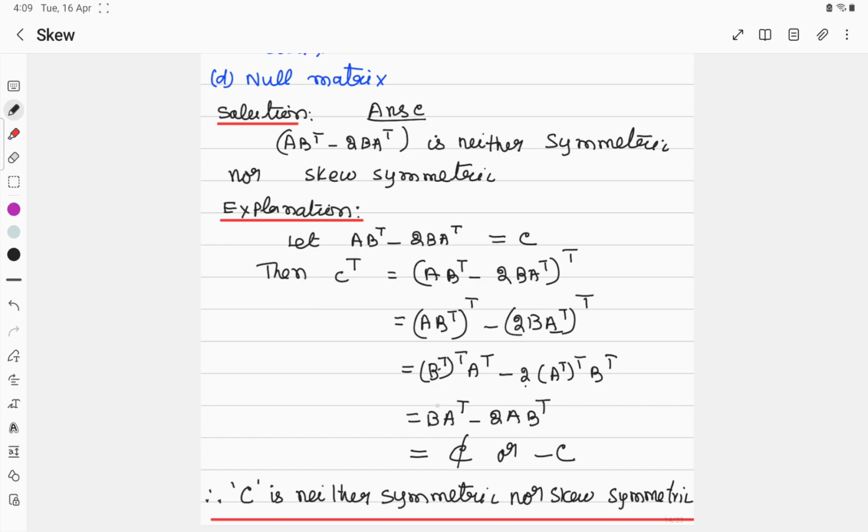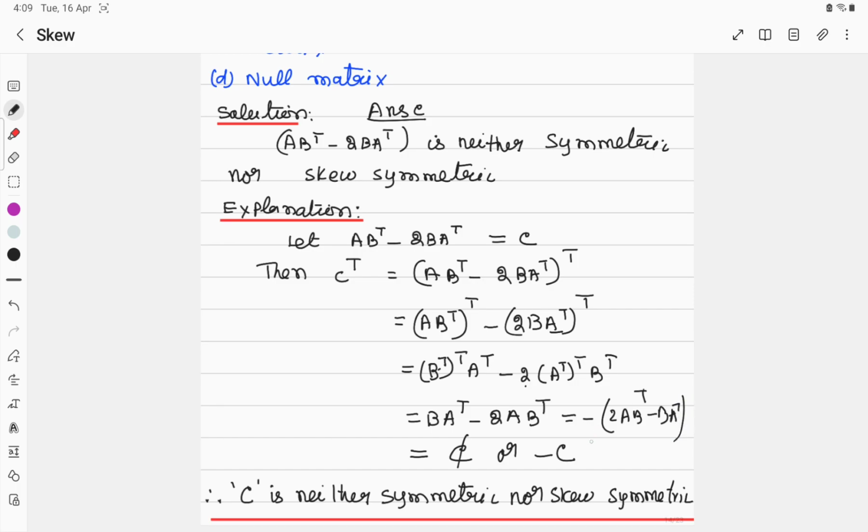Transpose of transpose cancels and we get B, so BA transpose minus 2AB transpose. That is BA transpose minus 2AB transpose is not equal to C.